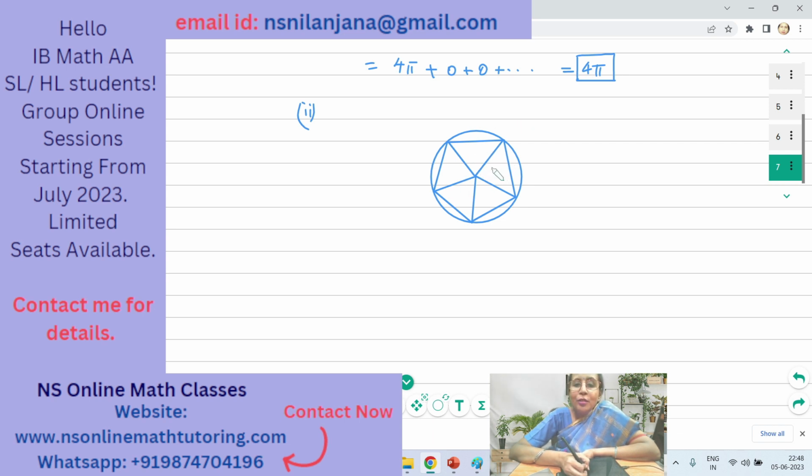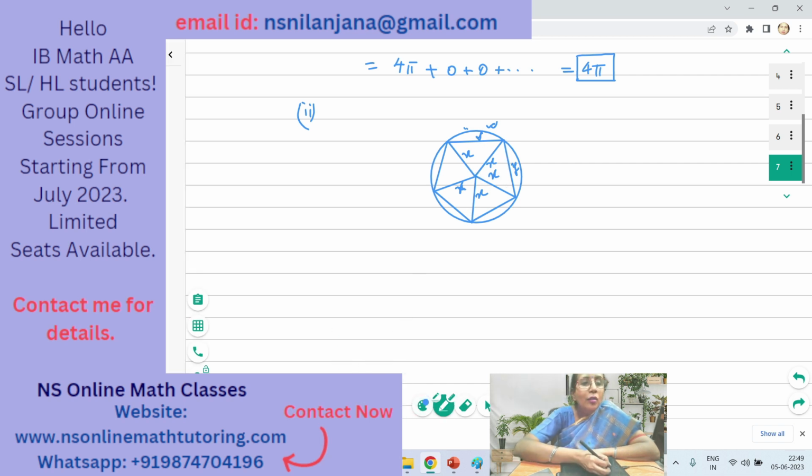And according to the question, these will be each equal to x. And this is y. Okay. And we are having 5 sides. So this third side is definitely not matching with this arc.